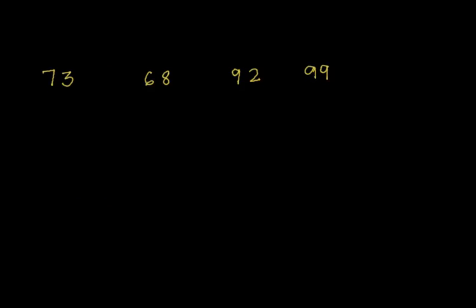Now let us do some more exercises of writing the numbers in the Roman numerals. So we have 4 numbers listed here. Let's consider 73 first. 73, we will try to split it into 2 parts. We can write 73 as 70 and 3.